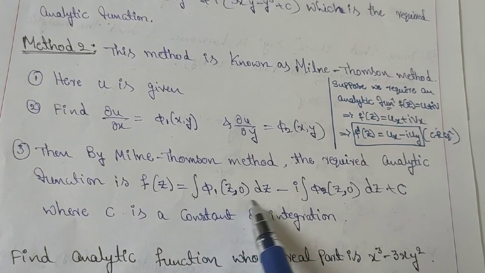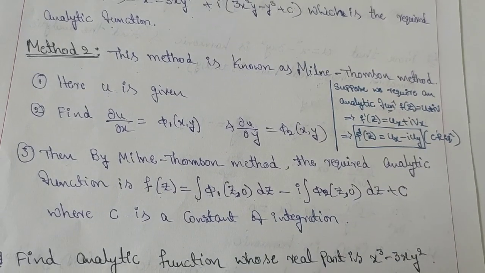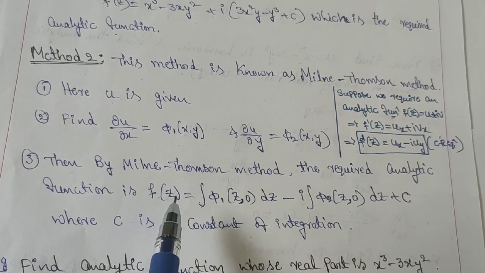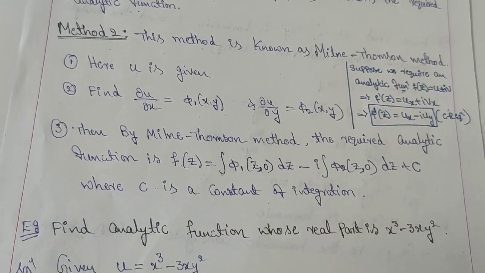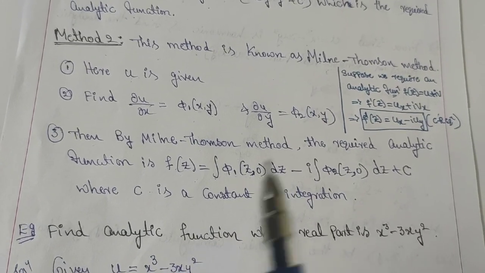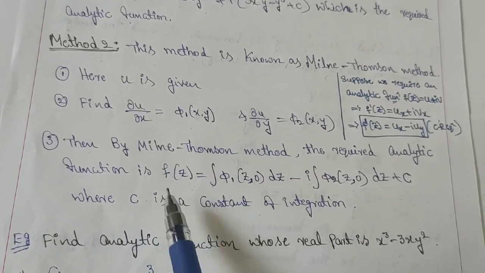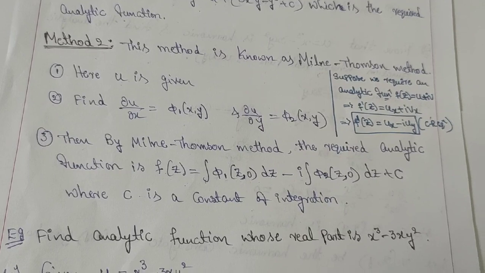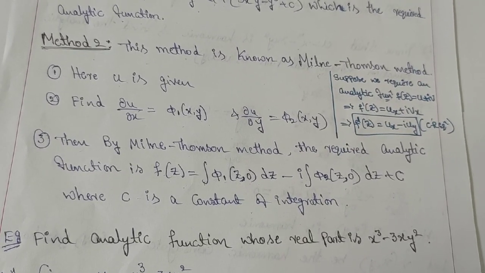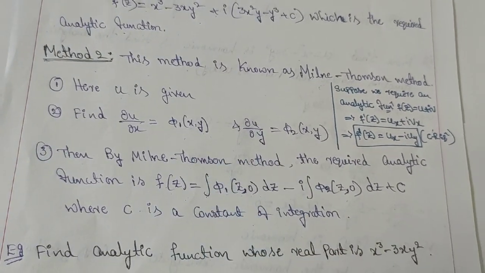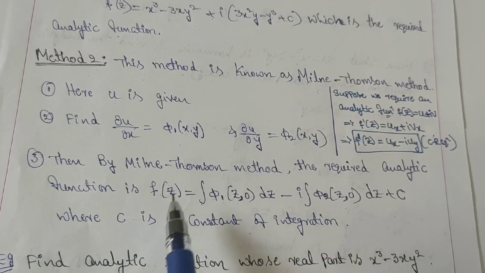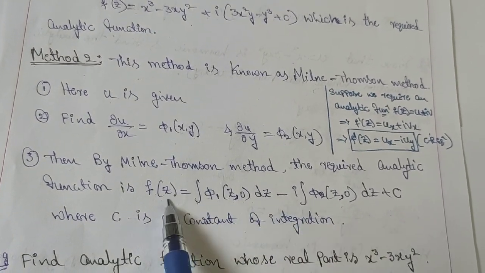After simplifying the right-hand side, we will get the required analytic function. These 3 steps are enough to solve the problems, but we should know how to get this formula.